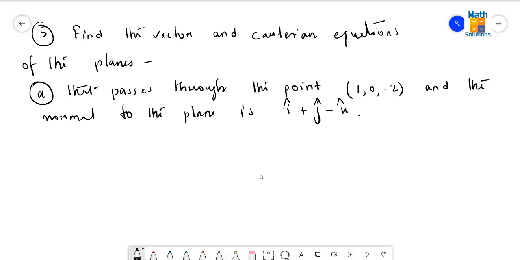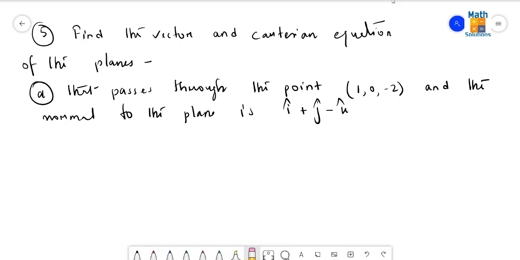What do we have to find out here? Find the vector and Cartesian equations of the plane that passes through the point 1, 0, minus 2, and the normal to the plane is this one.